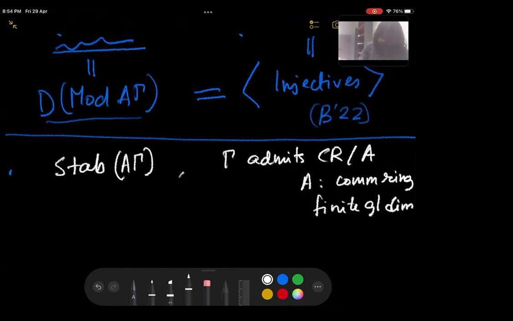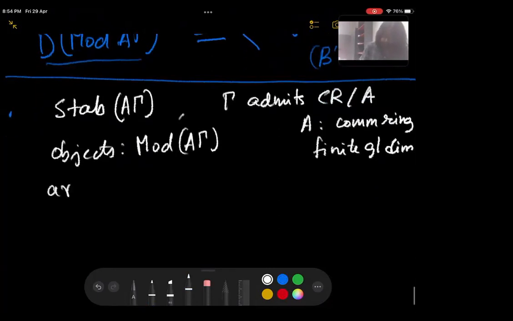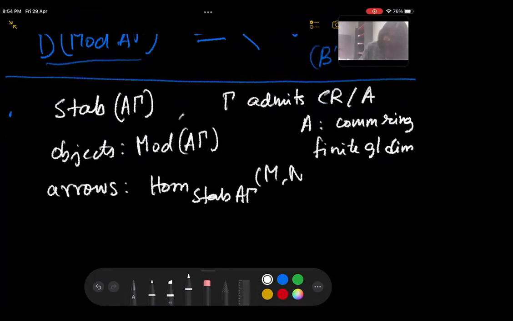I'm just going to say that this category has as objects the normal modules, and the morphisms, the arrows, are given in the following way. Between M and N, it is given by the X hat 0 group.